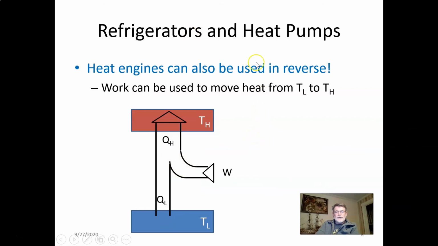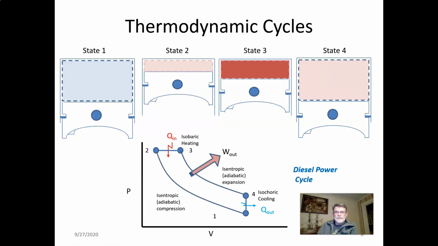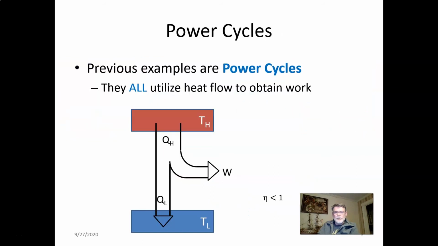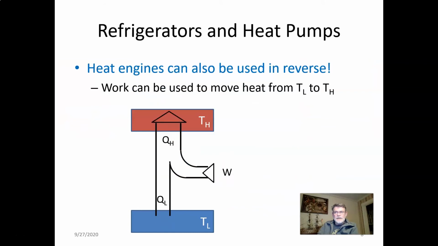So now we're getting closer to our subject, which are refrigerators and heat pumps. And those are the second class of thermodynamic cycle. Remember, there were power cycles, and the second one is the heat pump and refrigerator cycle.